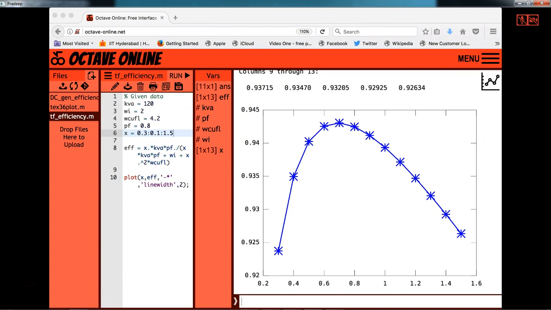Okay, so one doubt one can get is what happens if the power factor changes?